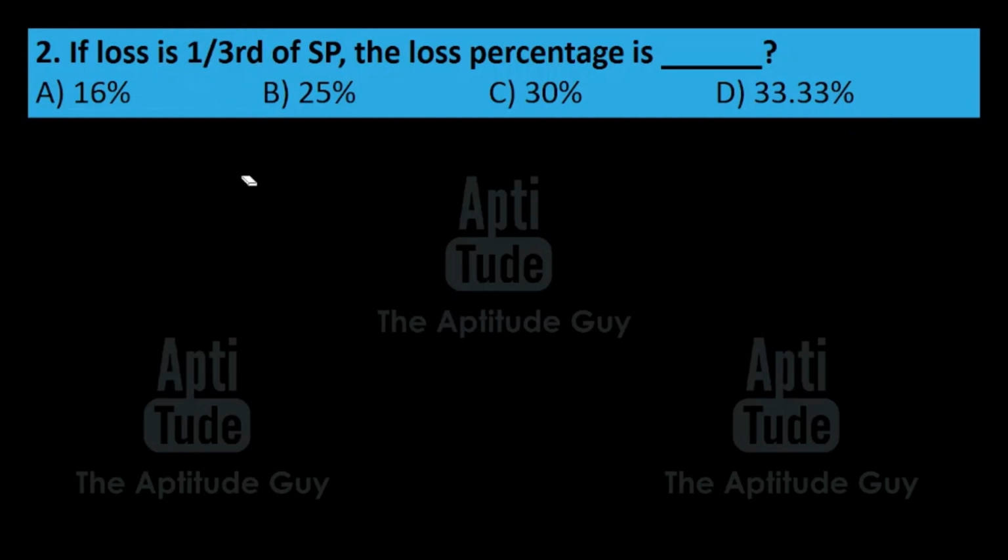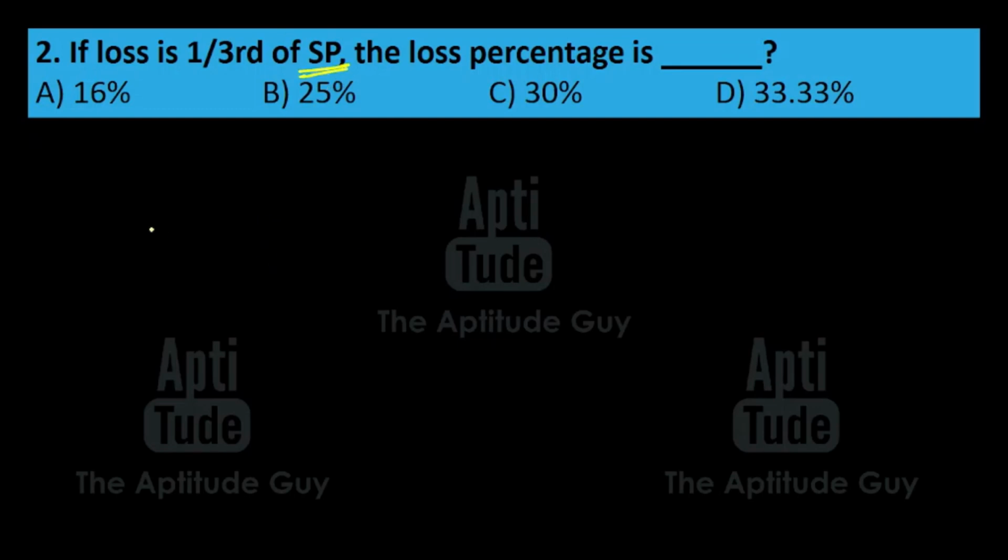But the question says that loss is 1/3 of selling price. If at all instead of selling price they had given cost price, then yes, the answer would have been option D. Because loss or gain percentages are with respect to the cost price, not selling price. But here they have given the relationship with selling price.